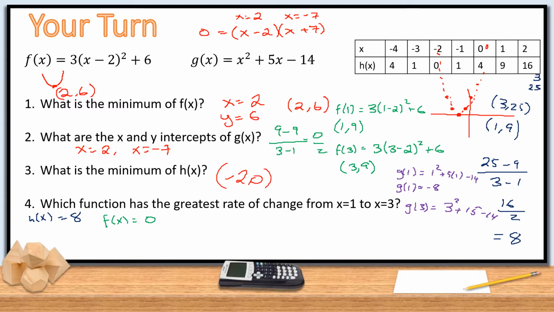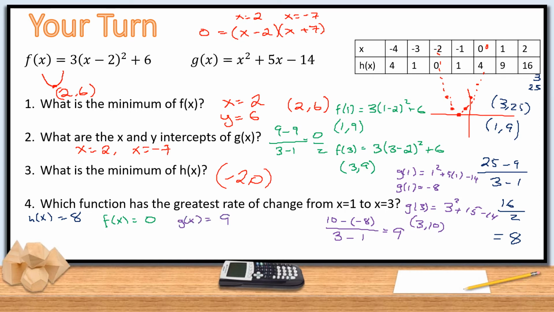So we're going to have 9 plus 15 minus 14 is 10. So 3, 10 is a coordinate. So we've got to go from 3, 10 to 1, negative 8. So 10 minus negative 8 all over 3 minus 1. So that'll be 18 over 2, which is 9. So g of x has a rate of 9.